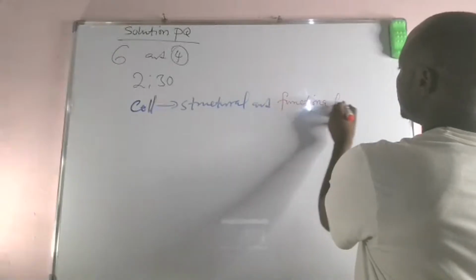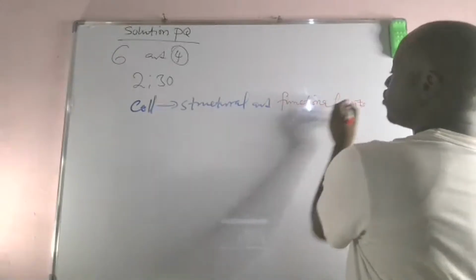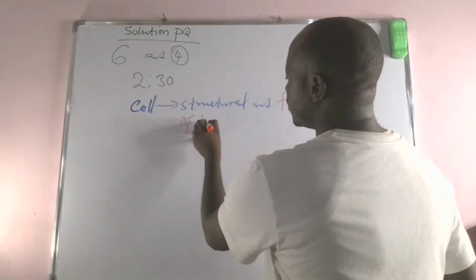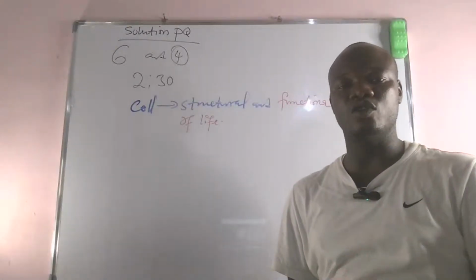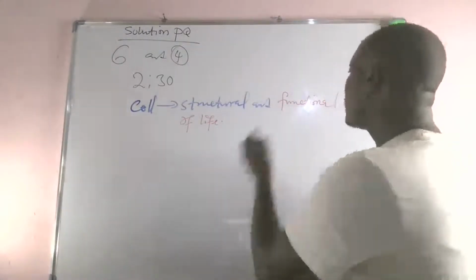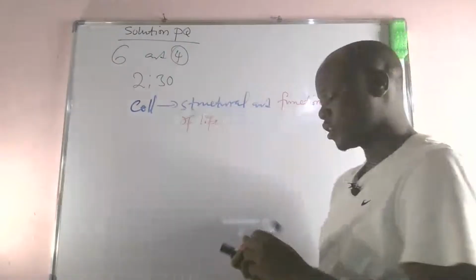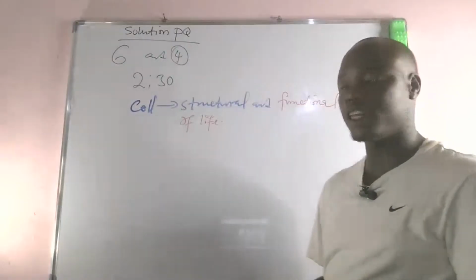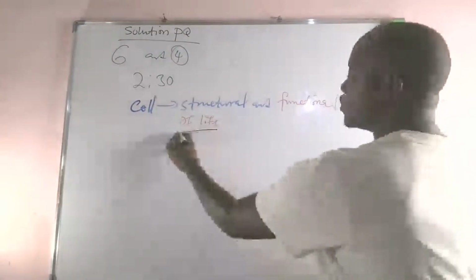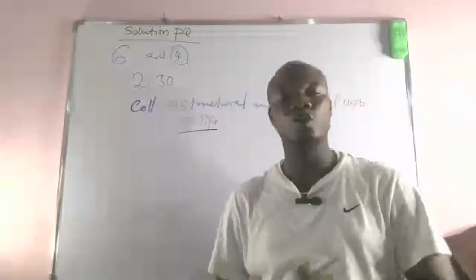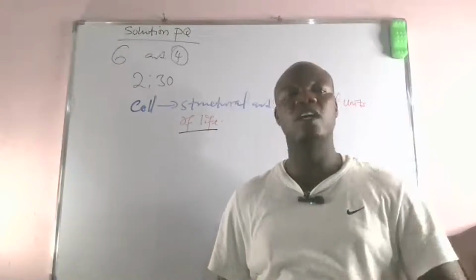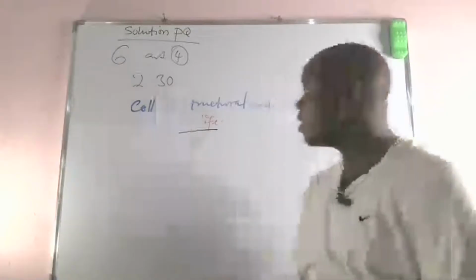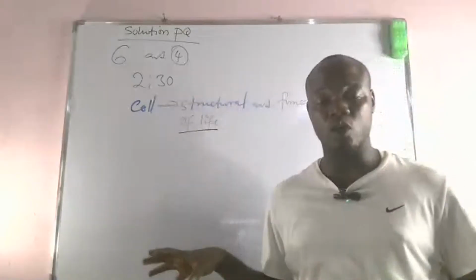When we say a cell is a structural and functional unit of life, it means that anything on this earth that is considered a living thing must possess a cell. Without a cell, there is no life, and that is why we have cellular theory.